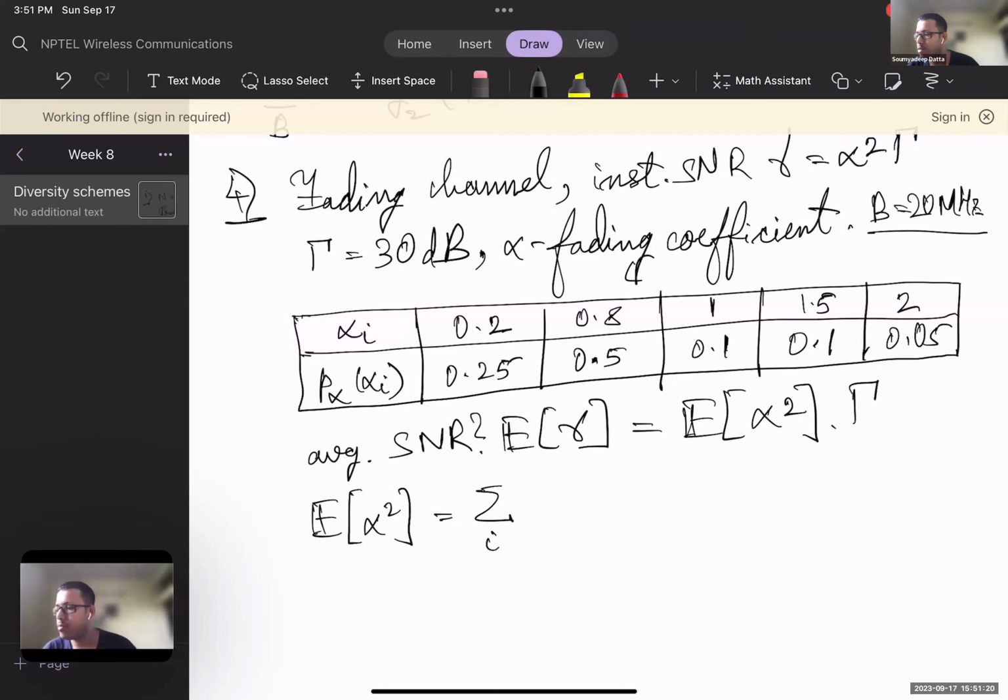For all i, you multiply alpha i squared with the corresponding probabilities, right?